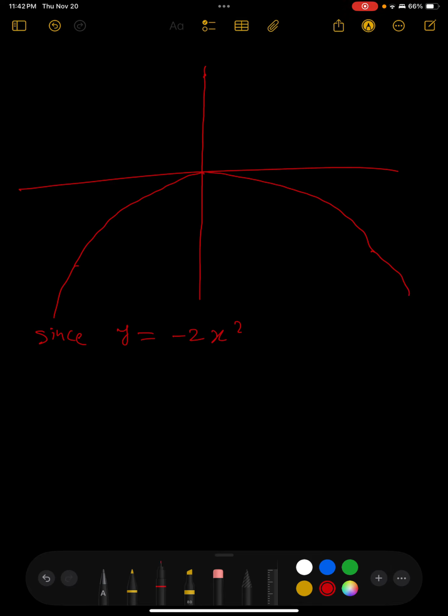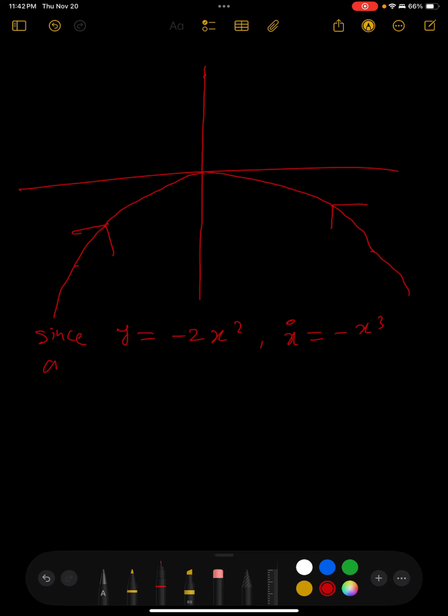Okay, so when x was positive, we saw that my equation for x dot was minus x cubed. So this means that when my x was positive, my solution was decreasing, and when my x was negative, my solution was increasing.